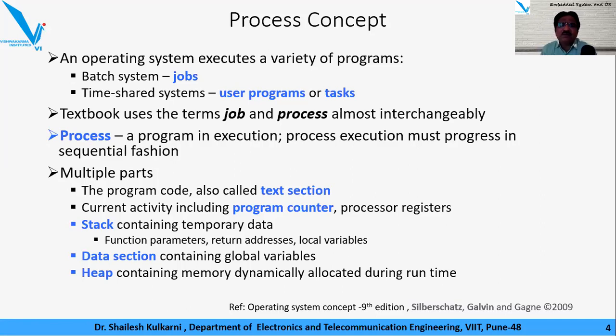So when we say it's a process, it comes with multiple parts. When I'm saying it's a self-sustained process, whenever it is in execution, whenever it's a program in execution, it has to reside in the memory, isn't it?